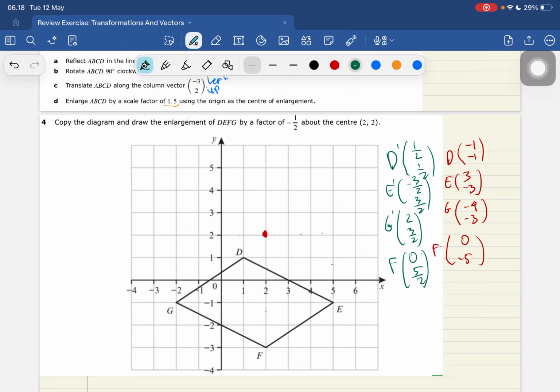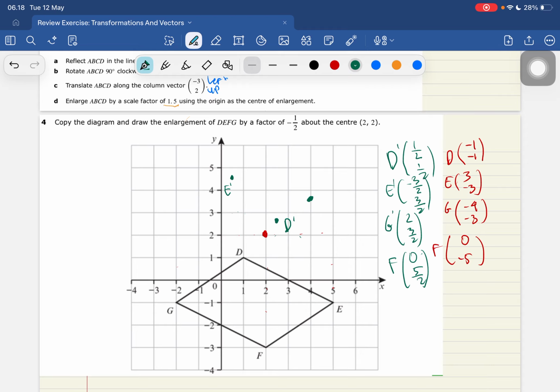Okay, let's start with D. We count from the center a half and a half: a half to the right and a half up. So here is D. E: 1.5 to the left side and 1.5 up. Okay, here is E. G: 2 right from the point, and then 1.5 up.